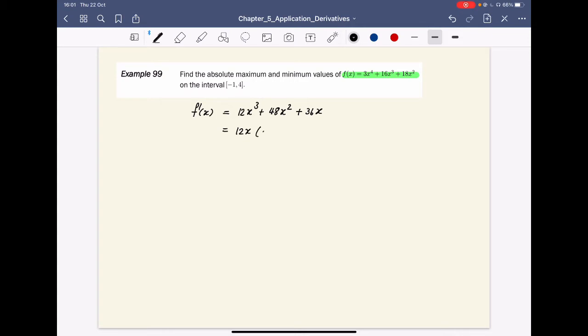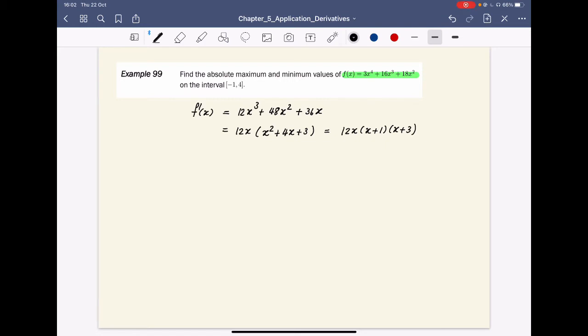This is going to be x squared plus 4x plus 3. All right, sounds good. Next, we are going to have 12x times (x plus 1) and (x plus 3). Well, we are masters in factoring, right?